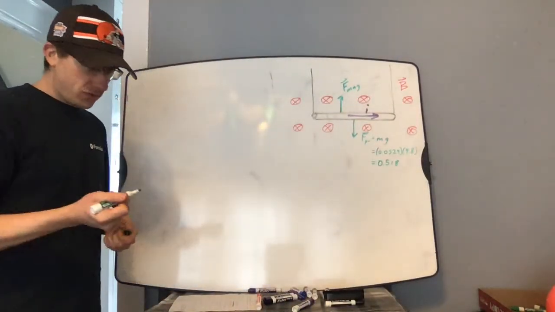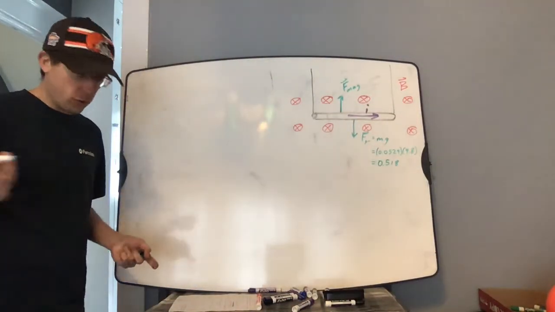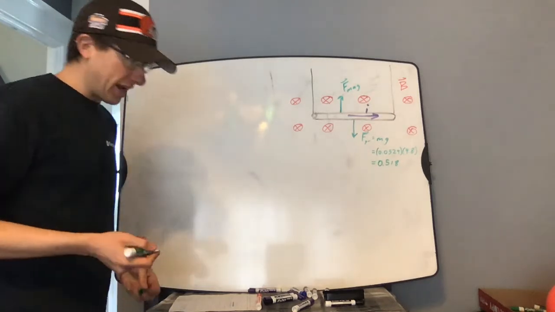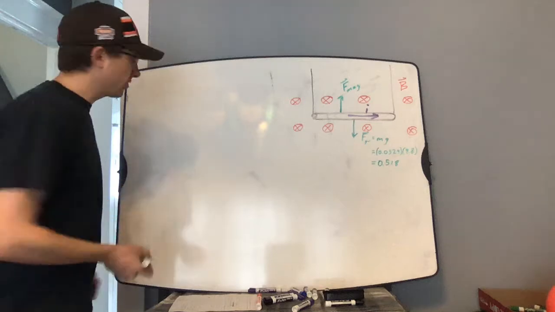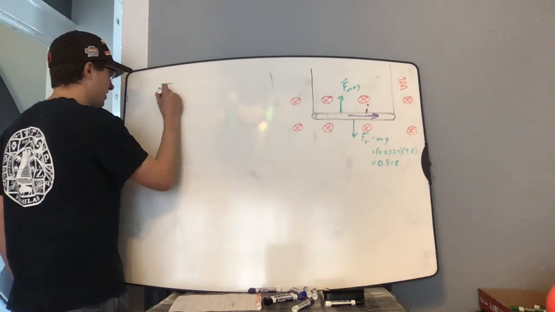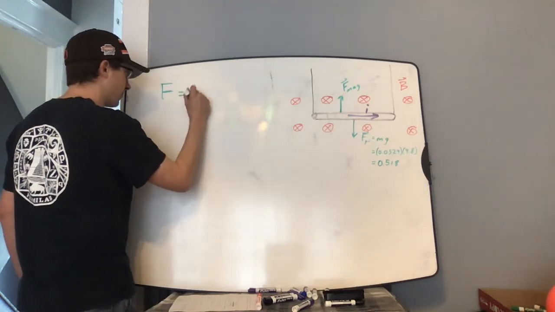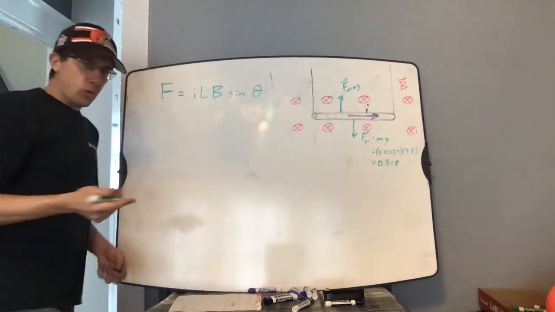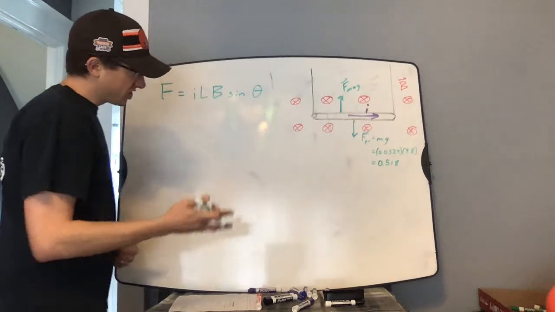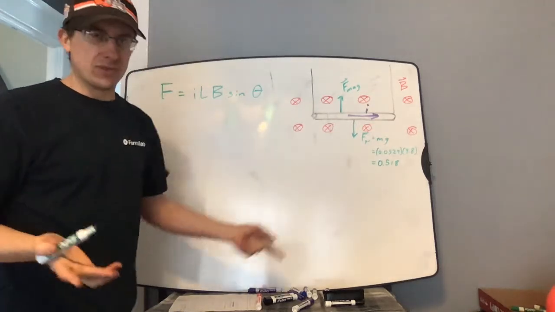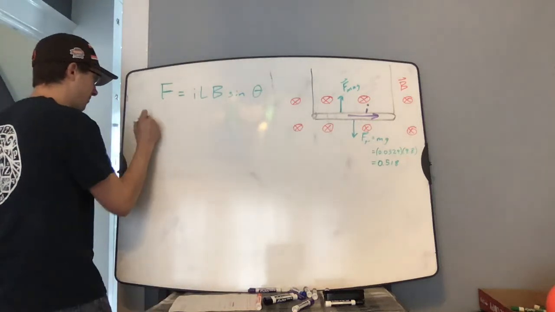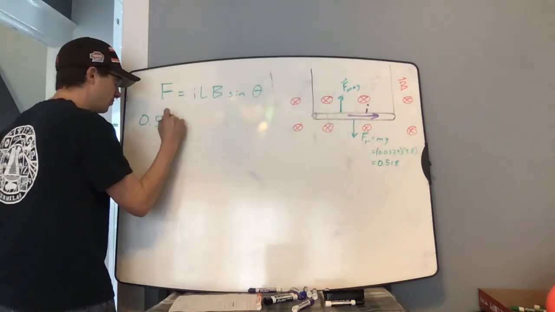To determine the strength of the magnetic force, or the current in the rod, we are going to use the magnetic force equation for a current. So the magnetic force on a current is given as I L B sine theta, where in this problem, we want the force of magnetism to be opposite gravity, so we will have that be 0.581 newtons.